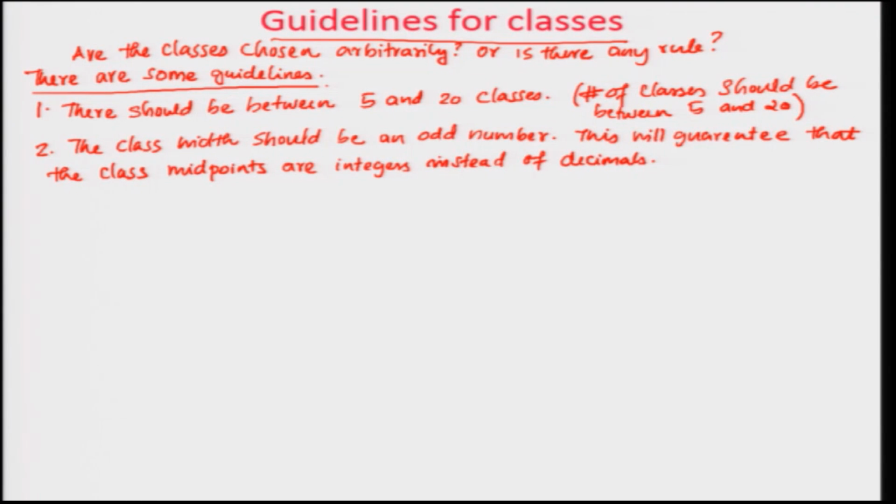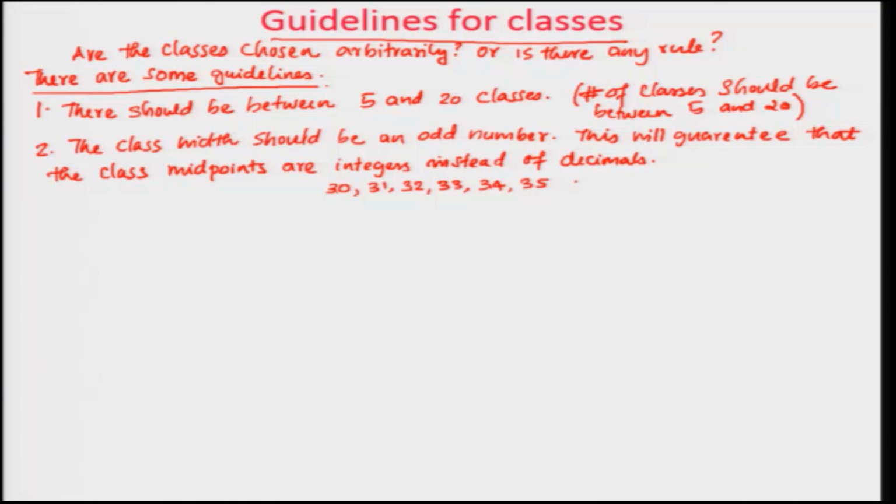So, for example, let us say the class is 30 to 35: 30, 31, 32, 33, 34 and 35. What is the class width in this? 1, 2, 3, 4, 5, 6.